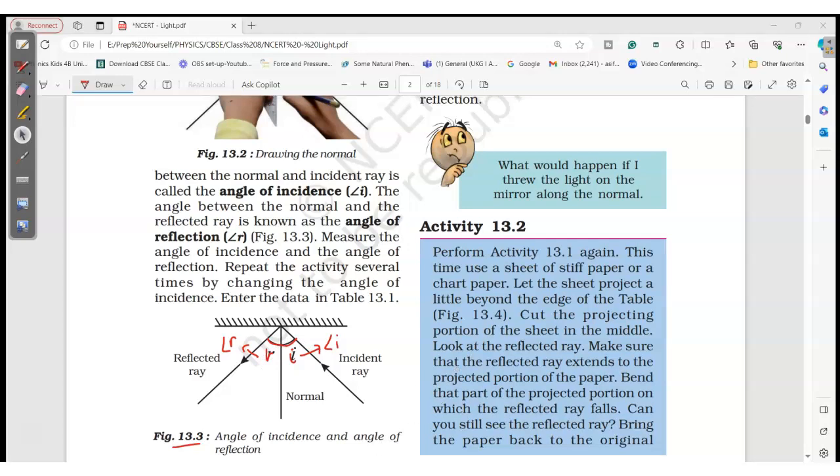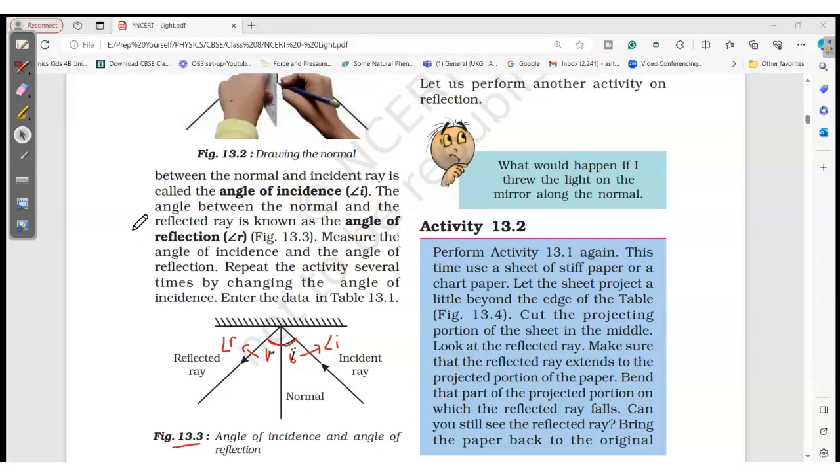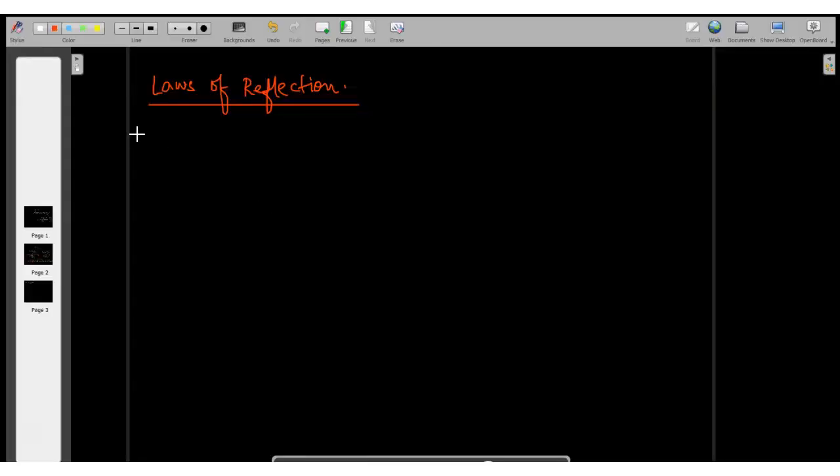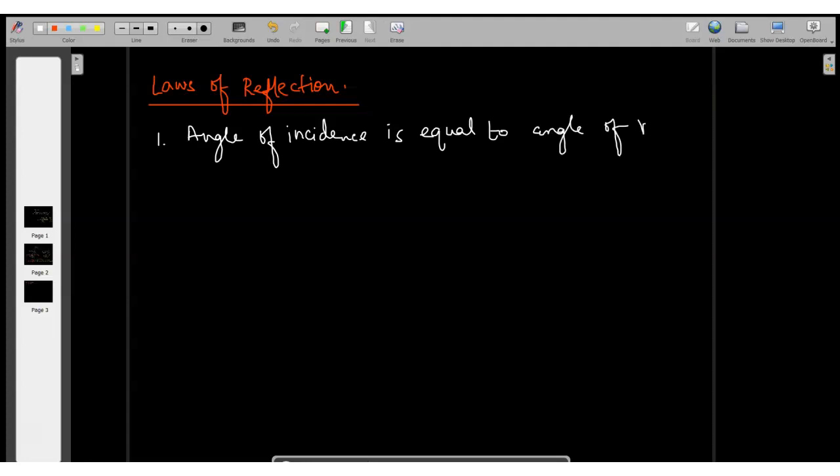So our very first law of reflection says that number one, angle of incidence is equal to angle of reflection.